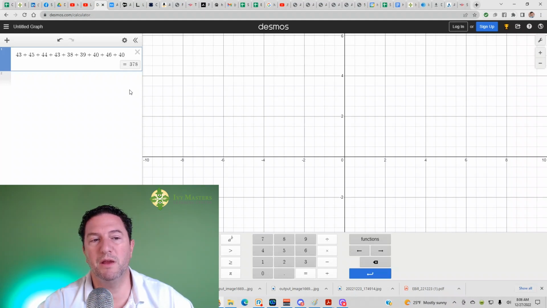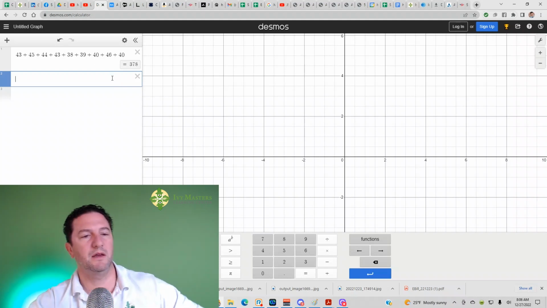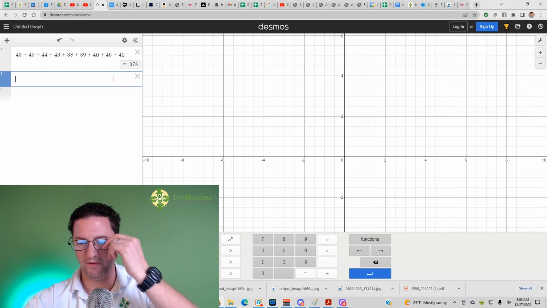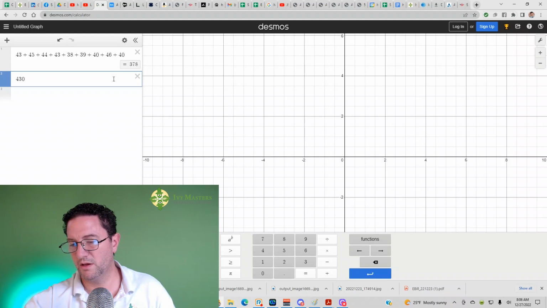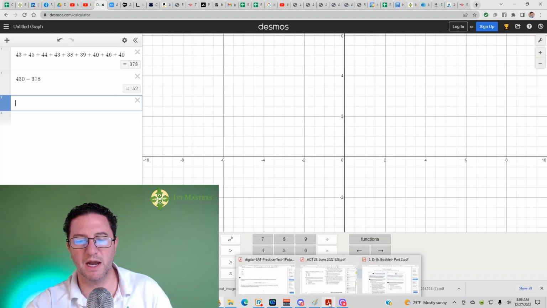I need it to be as big as possible, but still be less than 60, which it turns out is 52. But regardless, if I just did that, I've got 378. And then, let me get my glasses because I can't see anything. 430 minus that 378. Well, once again, give me that 52. 52 is going to be your answer.